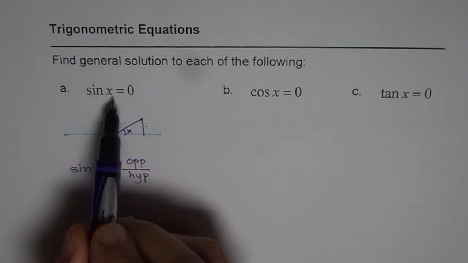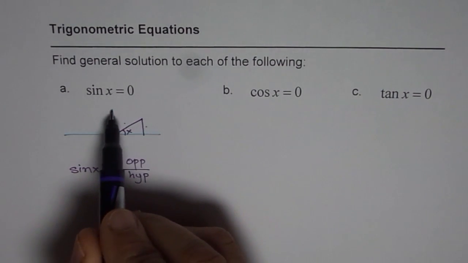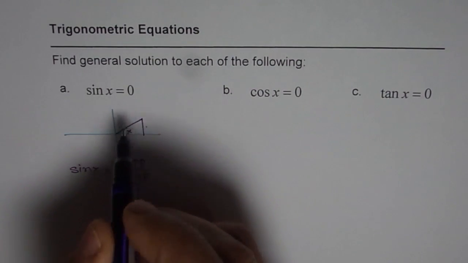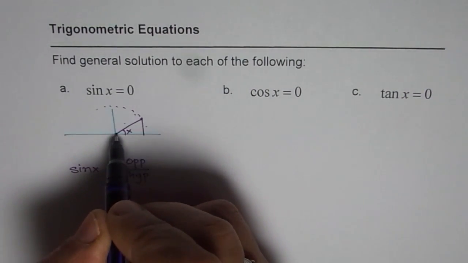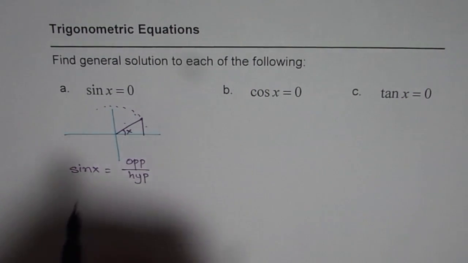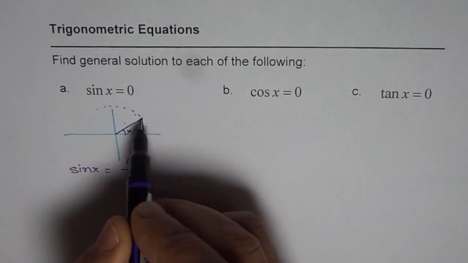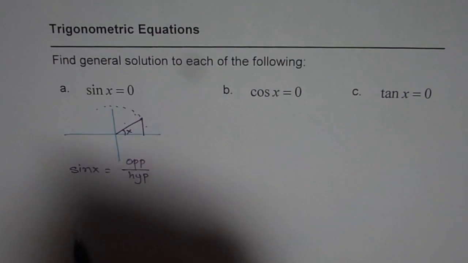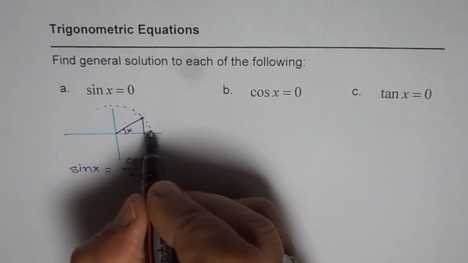If I want sin x to be 0, that means I want this opposite side, which is along the y-axis, to be 0, correct? So if I'm moving along a circle with center at the origin, then you can see that the opposite side's length changes, and it is 0 only when it coincides with the x-axis, right?